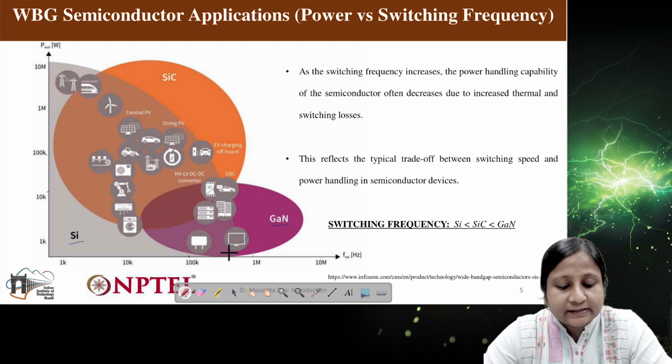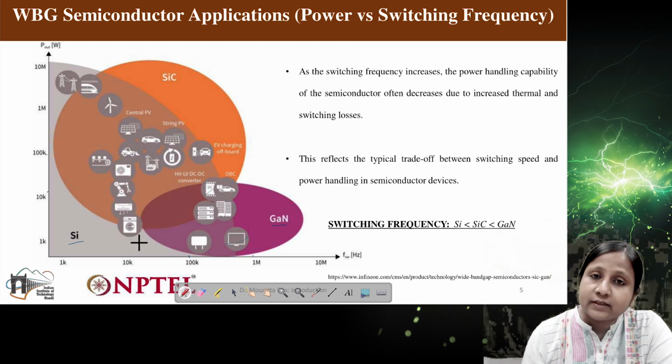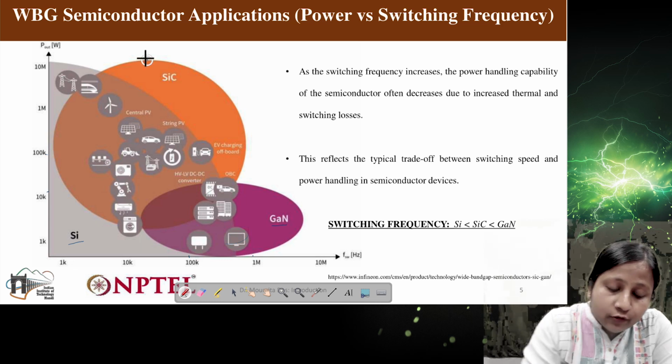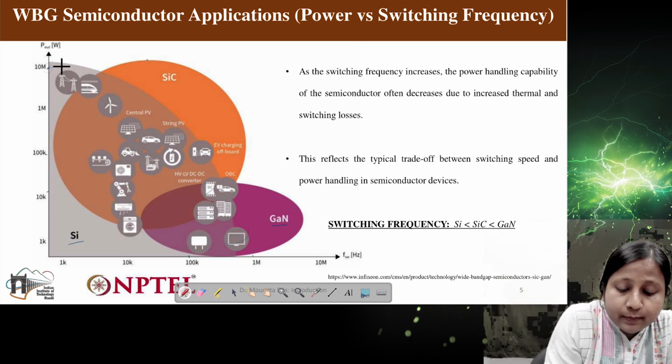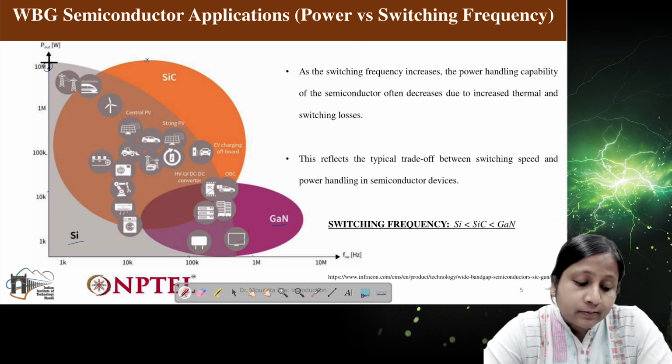Now where exactly does silicon carbide stand? You can see this orange graph. Silicon carbide will be more suitable for very high power levels. Very high power level means, as you can see here, it can go to a maximum of 10 megawatts.